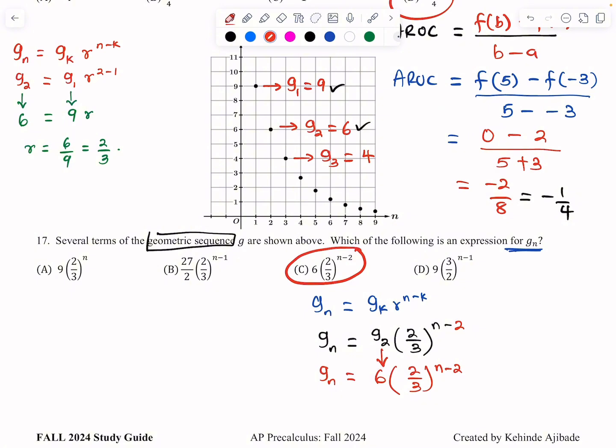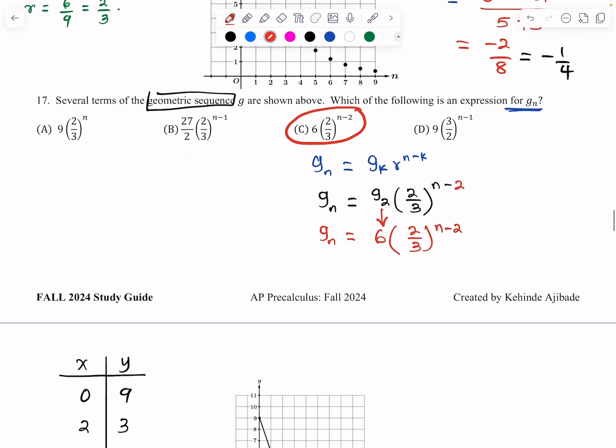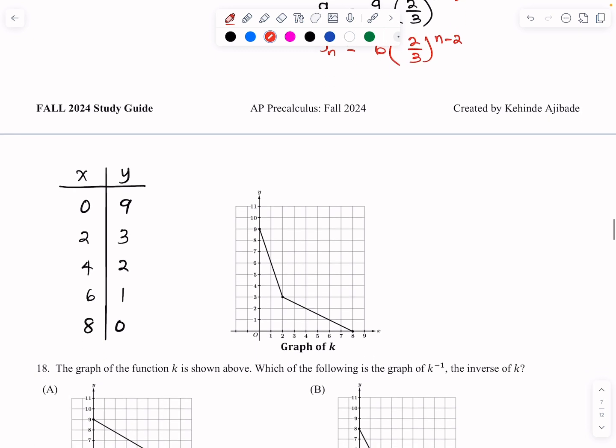And then let's go to question 18. For question 18, we have this table right here. I picked the important points from this table. When x is equal to 0, y is equal to 9, which means this particular point is your y-intercept.